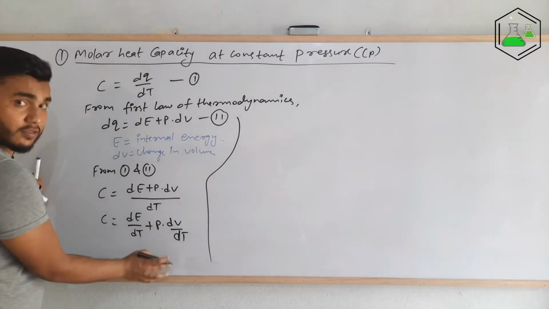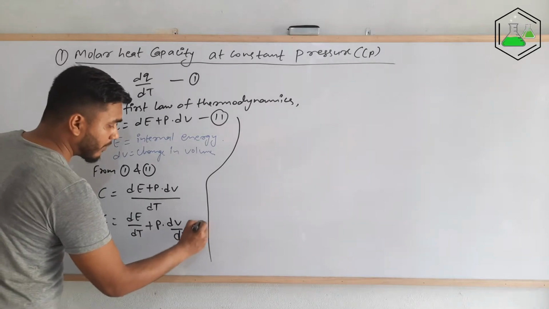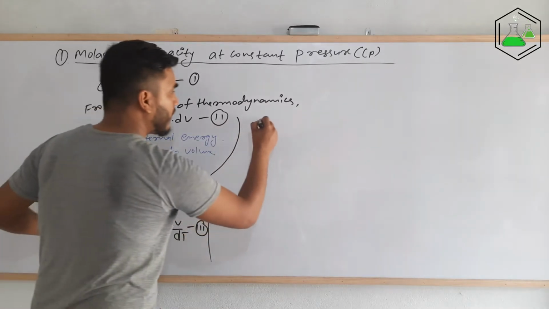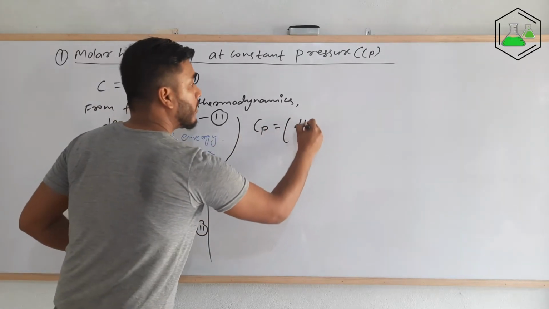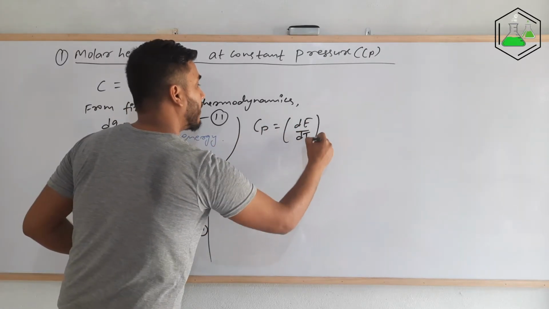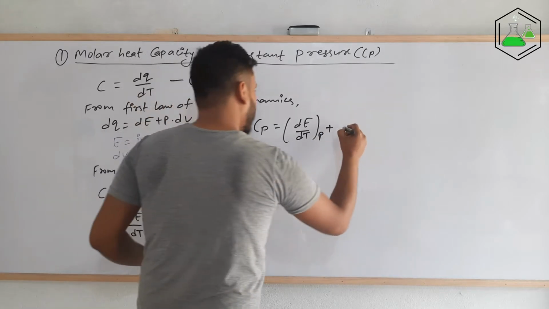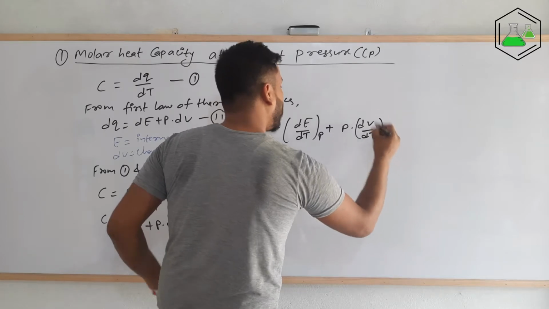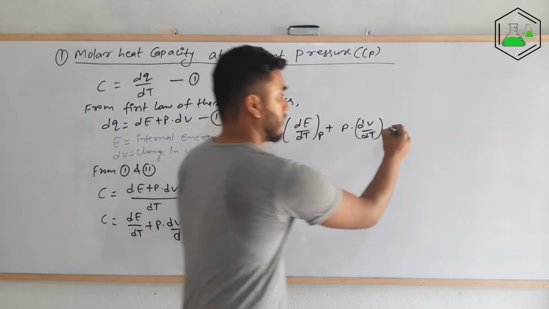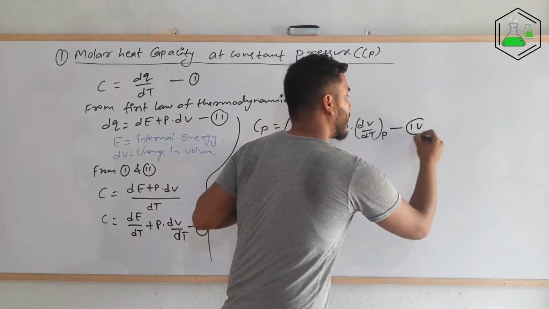So we get this much. Let's consider it to be equation number 3. At constant pressure, this equation can be written as Cp is equal to (dE by dT) at constant P plus P into (dV by dT) at constant P, right? So this becomes equation number 4.